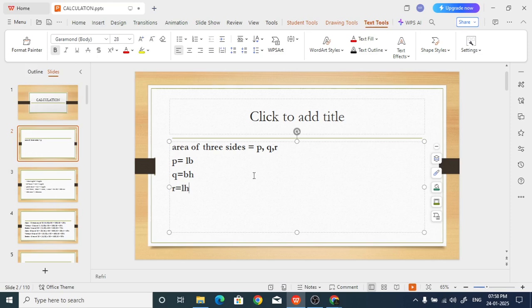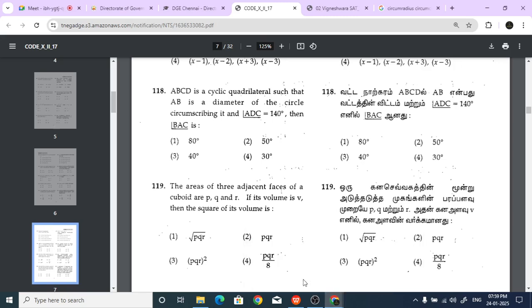If you multiply P into Q into R, you will get LBH whole square. What we want is the volume of that cuboid, that is nothing but LBH. So LBH is equal to root of PQR, which we write as PQR to the power 0.5. Root of PQR is the answer, that is the first option. These are not difficult but a little tricky.